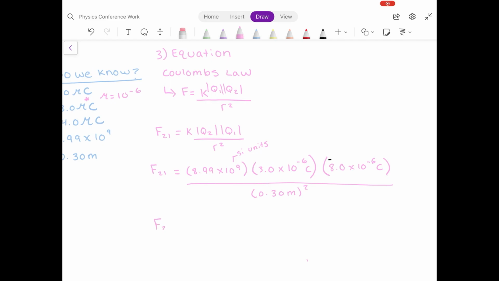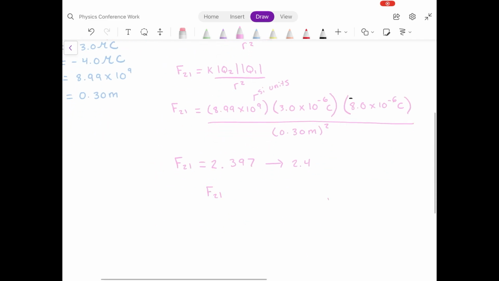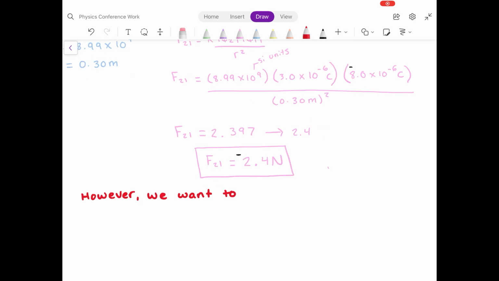After plugging these values into my calculator, I get an answer of 2.397, which can be rounded to 2.4. So the force of 2 on 1 gives us 2.4 newtons. And then I'm putting the negative value in front of this as well, just so I can keep track of direction. However, we're not just done yet.